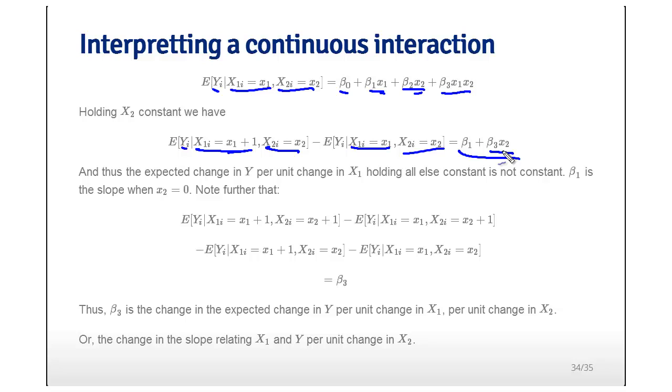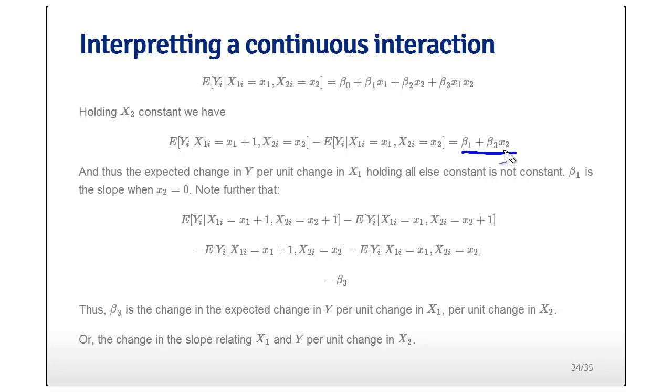So it's no longer the case that beta 1 is interpreted as the expected change in y per unit change in x1. Instead, beta 1 is interpreted that way only when x2 is in fact 0. If you want the expected change in y per unit change in x1 holding x2 constant, you actually need that whole expression.